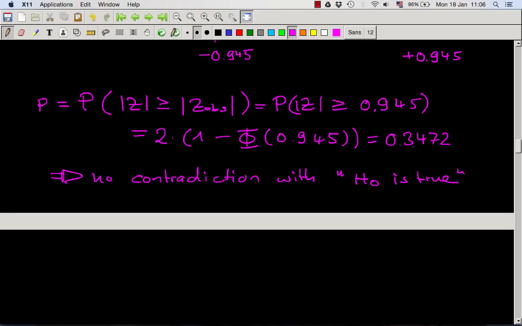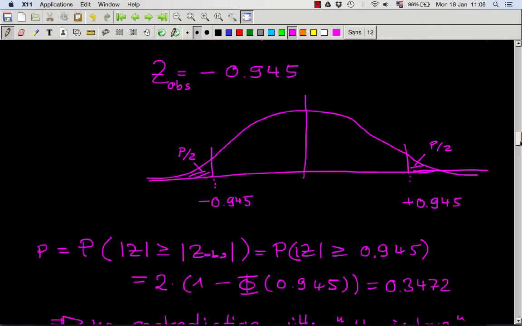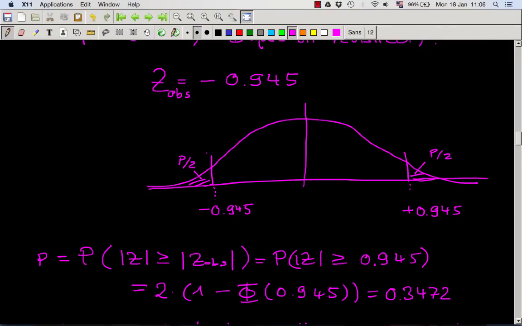So it's quite likely. And so our assumption about the distribution, that H0 is true, is a good assumption. This is relatively large. Let's draw it like this. Here's a large area.